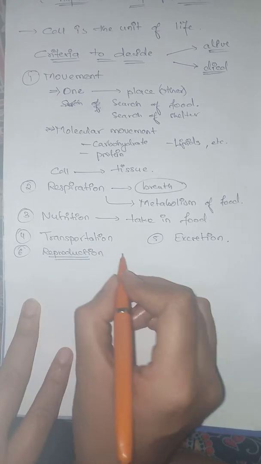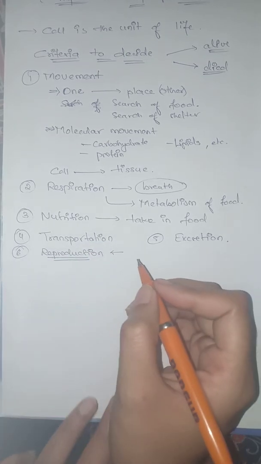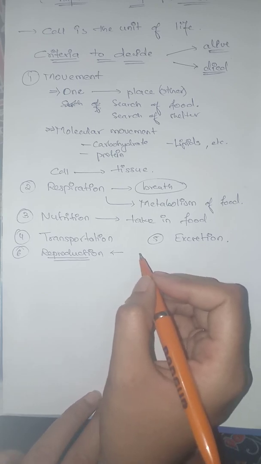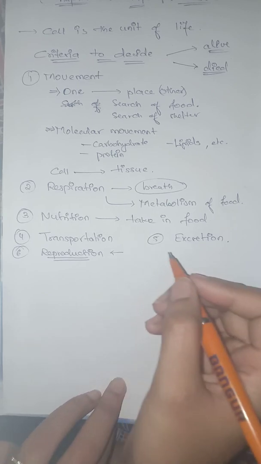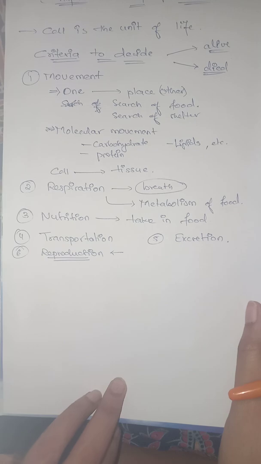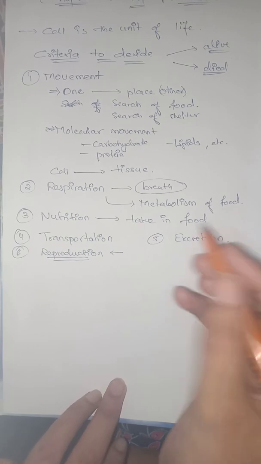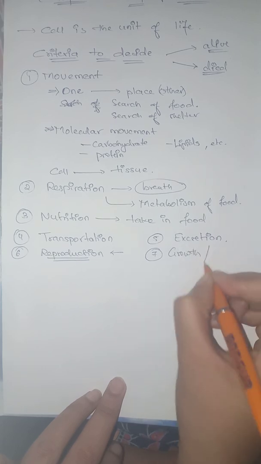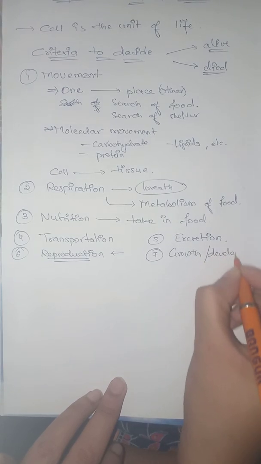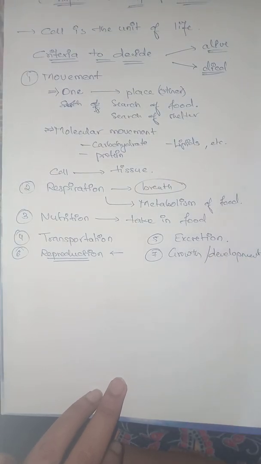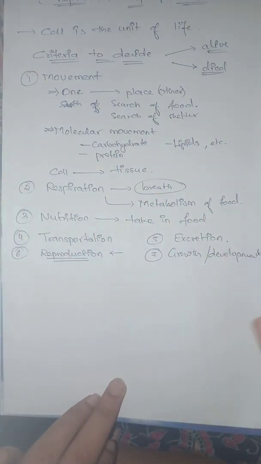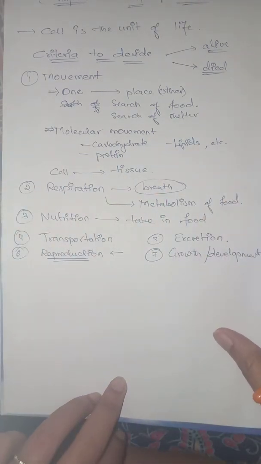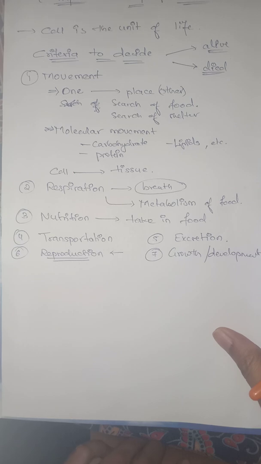Reproduction is a very important criterion for a person to be living. Only living things can reproduce, right? And another you can consider, that is growth and development, right? Growth and development. So these are some various criteria which a person should fulfill if they are alive.